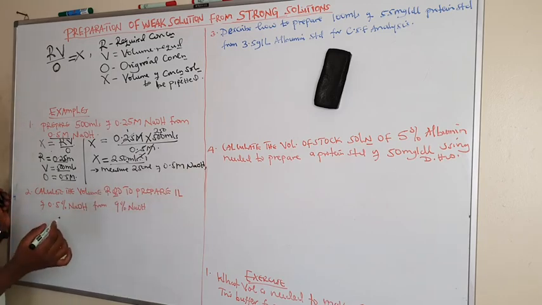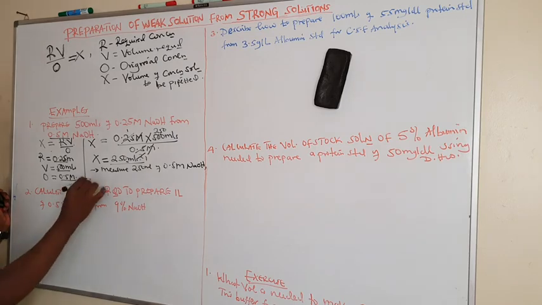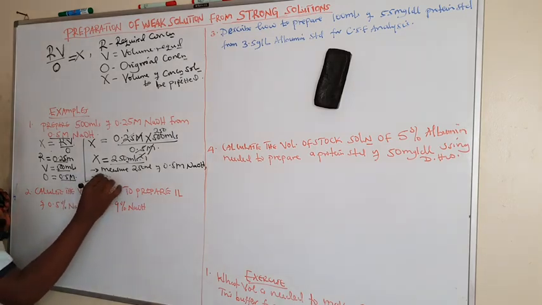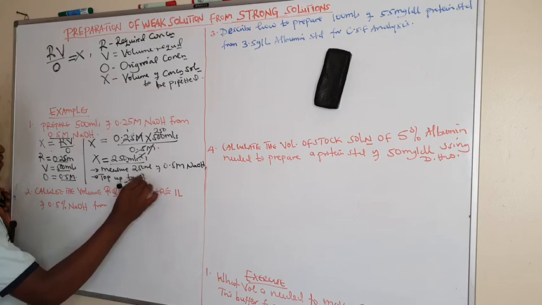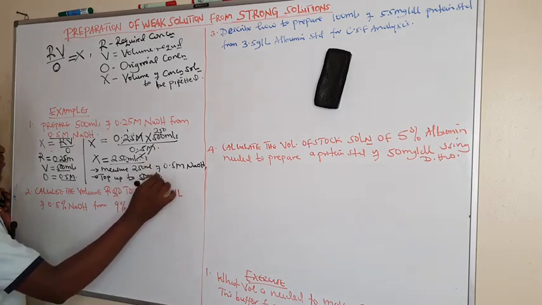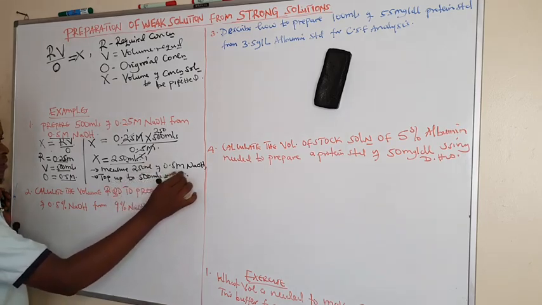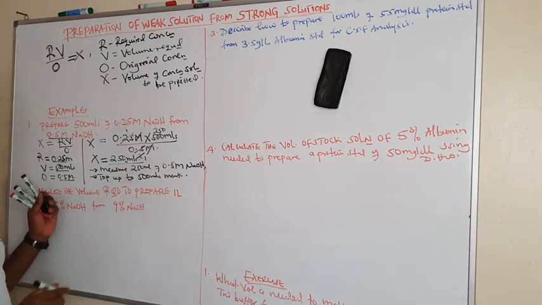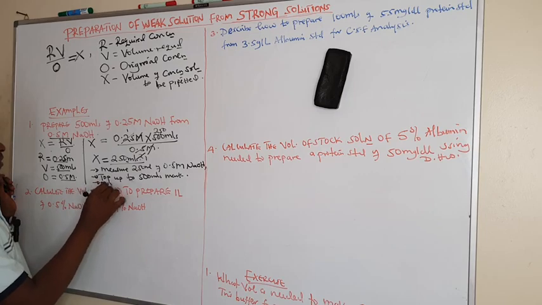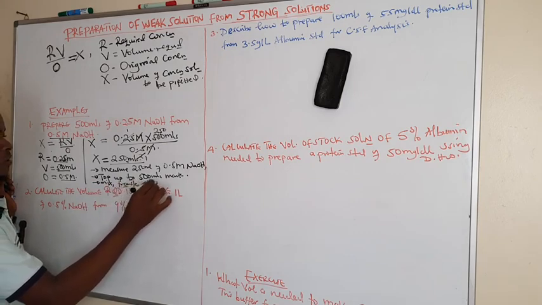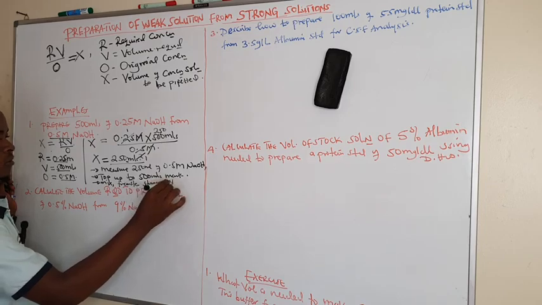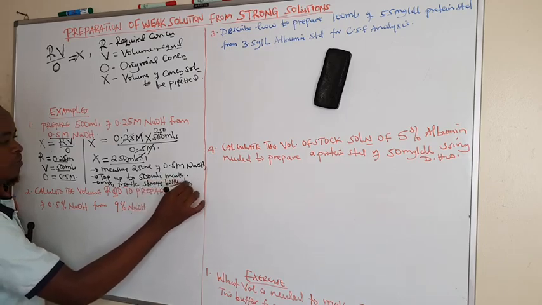After putting it into the measuring cylinder, we top up to the 500 ml mark. Then we mix well and transfer to the storage bottle. Lastly, you label.